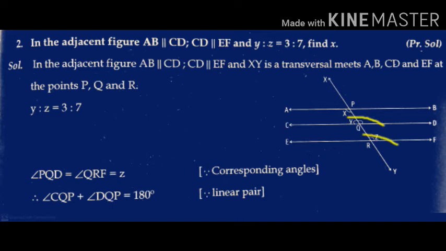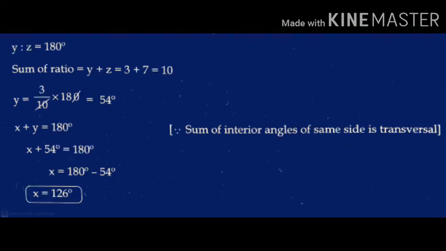Angle PQD is equal to angle QRF, that is equal to Z, since corresponding angles. Therefore, angle CQP plus angle DQP is equal to 180 degrees, since linear pair. Therefore, Y plus Z is equal to 180 degrees.